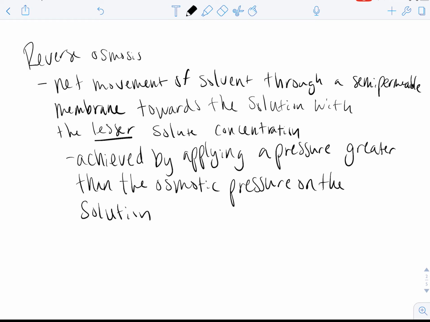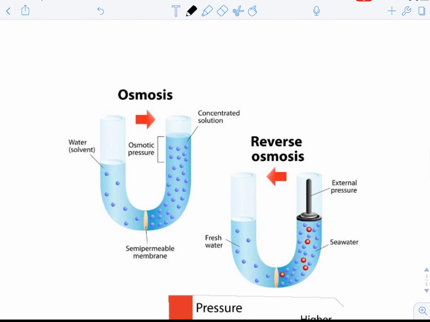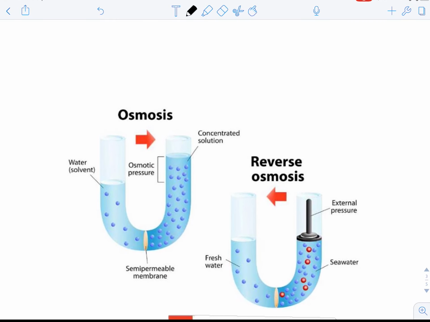Okay, we use this idea of reverse osmosis to purify things. So here is just a diagram comparing osmosis versus reverse osmosis. So we can see here on our left side, we have a lower solute concentration, right side a greater concentration, so the right solution would have a greater osmotic pressure.